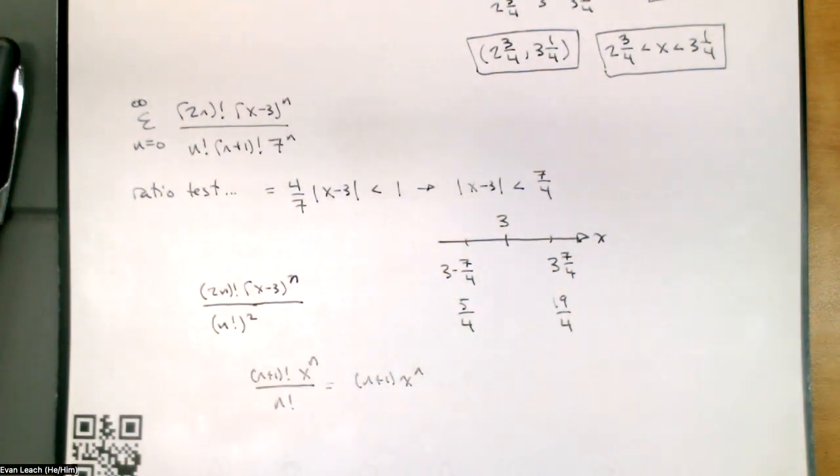So when we have n factorial divided by n factorial, we don't actually have factorials running around. It's a false factorial. Simplify that into just n plus 1.